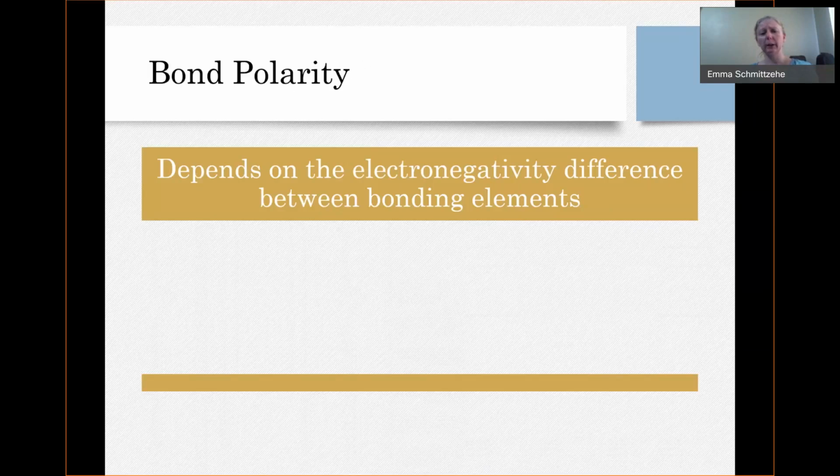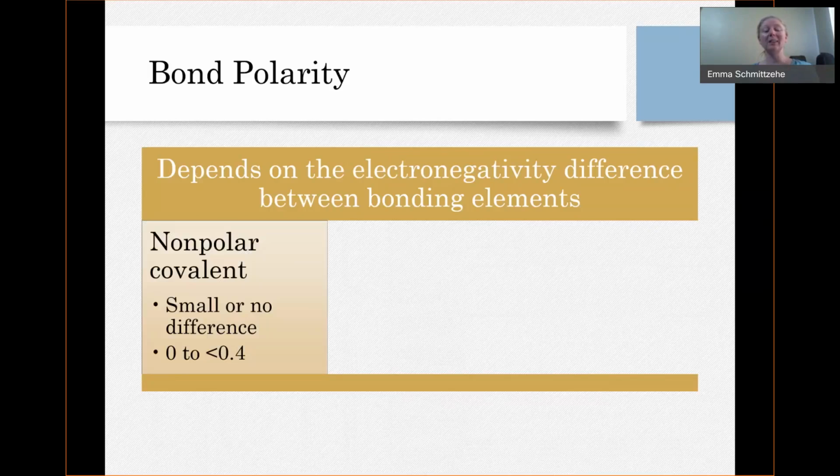And so bond polarity is going to depend on the electronegativity difference between the bonding elements, okay? And so there's kind of 3 layers of this, okay? So you can have what we would call a nonpolar covalent bond.